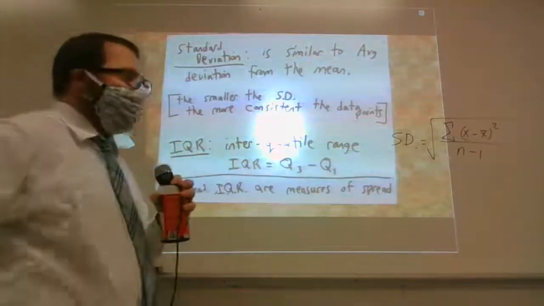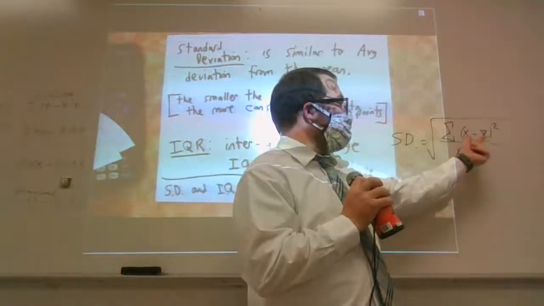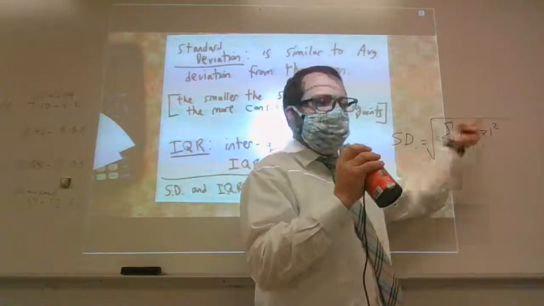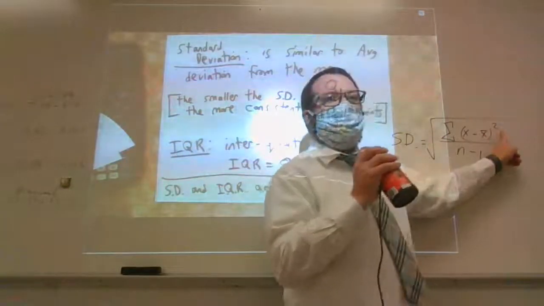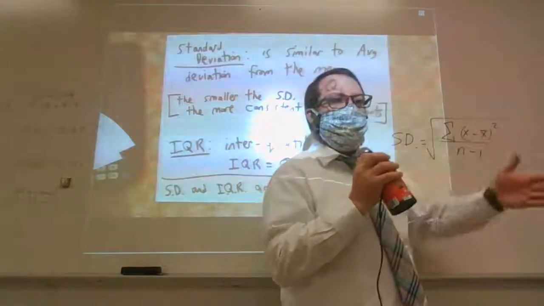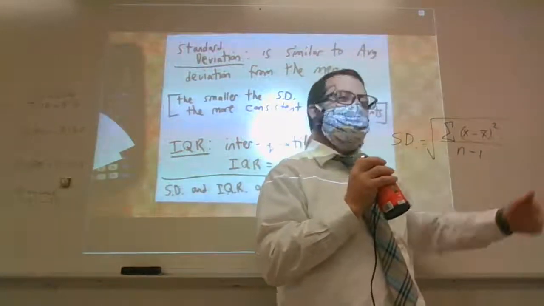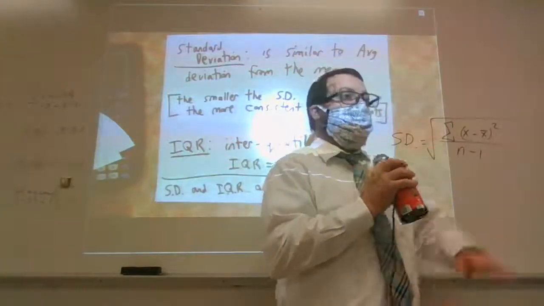But the reason why I throw that up there is this. It's this really messed up calculation, but look what they're doing. They're taking the deviations, which are either positive or negative. But then they're squaring them, which makes all the deviations what? If you square a positive number or a negative number, it becomes positive. They always become positive.